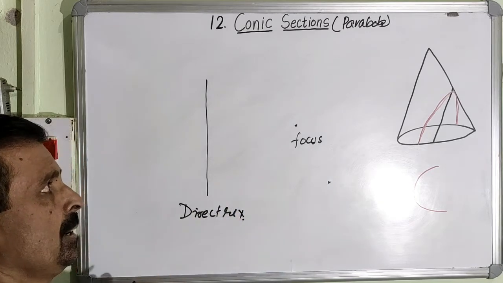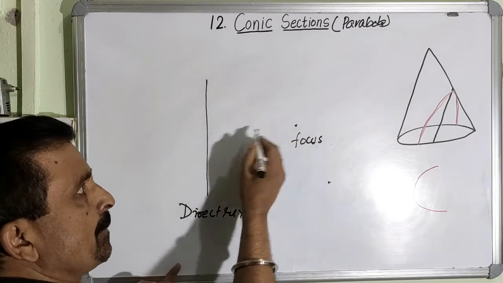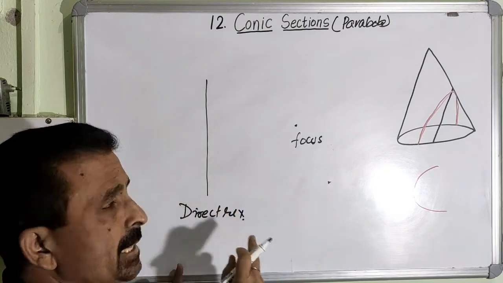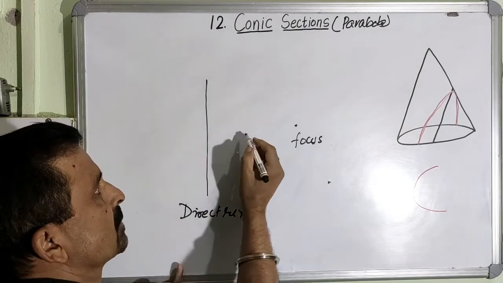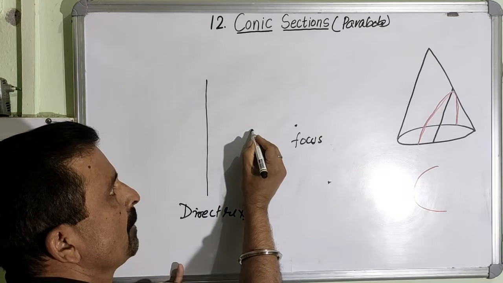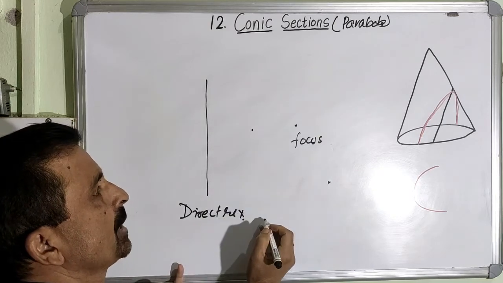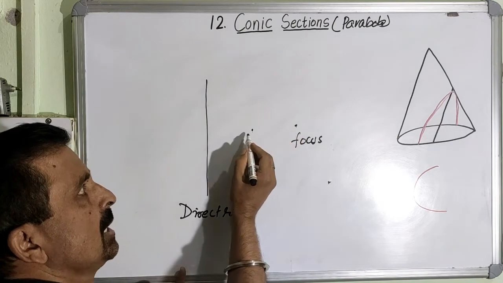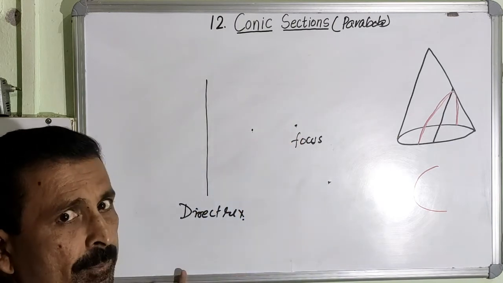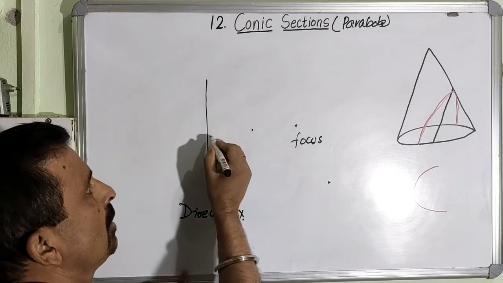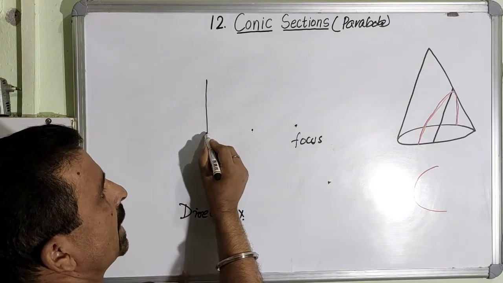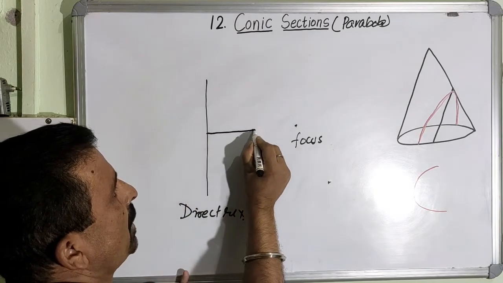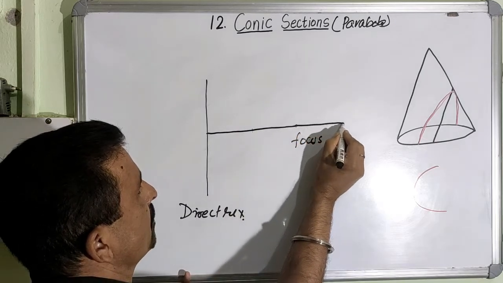Now in between this focus and directrix, exactly in the middle of the directrix and the focus, we need a third point, so that the distance of this point from the focus and from the directrix are the same. Now let us draw a line passing through this point and also the focus.